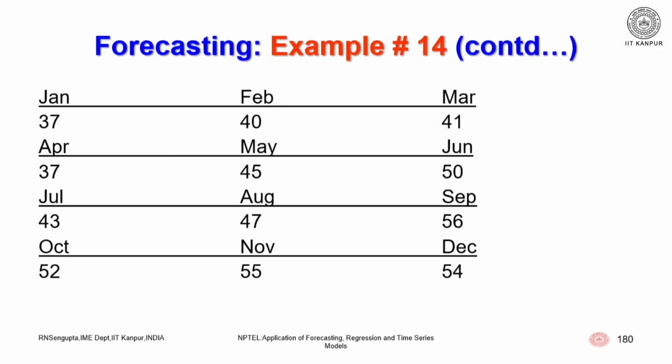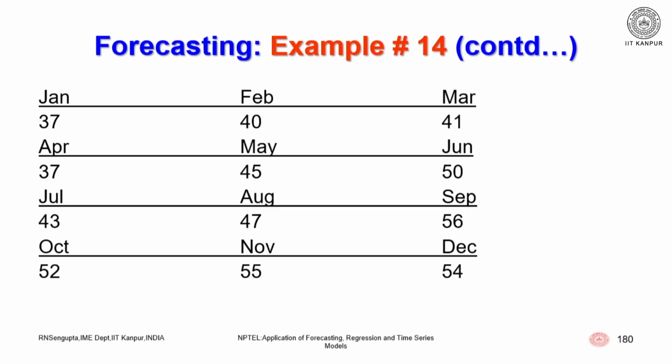So, here is the data. You have 3 columns, January, February, March, and there are 4 rows. January, February, March is the first row, April, May, June the second row, July, August, September the third row, and October, November, December the fourth row.